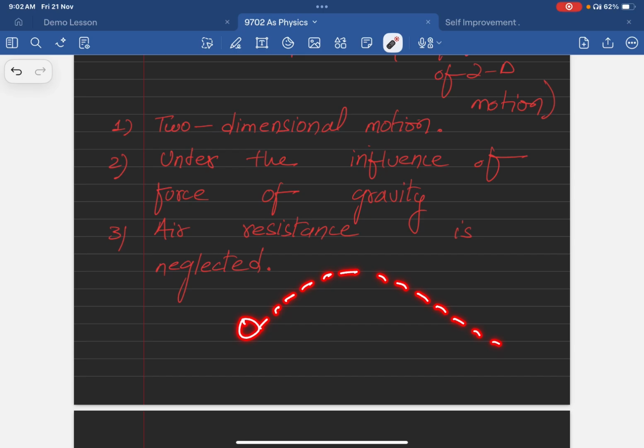I will repeat, air resistance is neglected. Like I said, you are throwing something from your window. If air resistance is neglected, there is only one force influencing it, the force of gravity. So that can be termed a projectile motion as well.